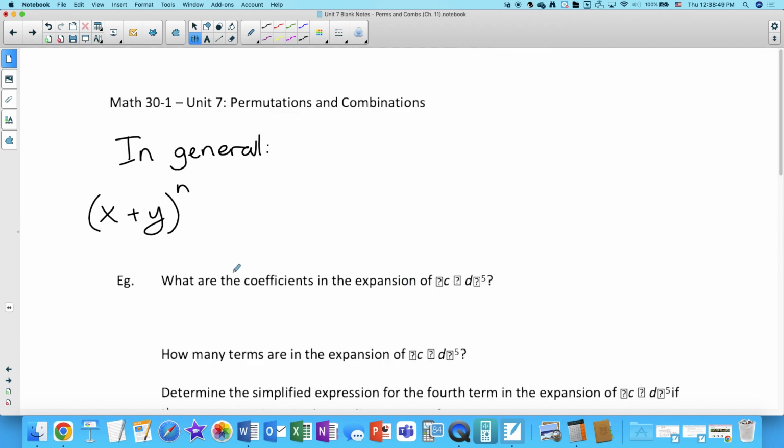So if we want a specific term, and there's a reason why I'm writing it as t k plus 1, which you'll see in a second, we can figure that out by doing n choose k times x to the n minus k times y to the k.